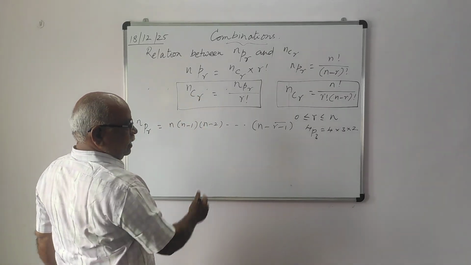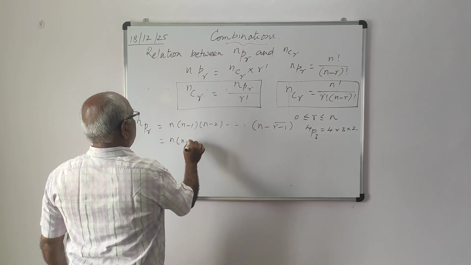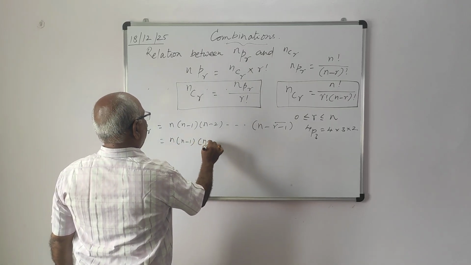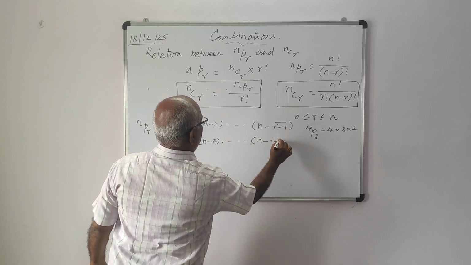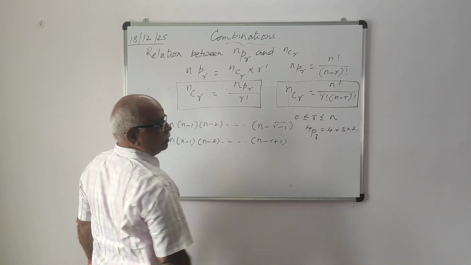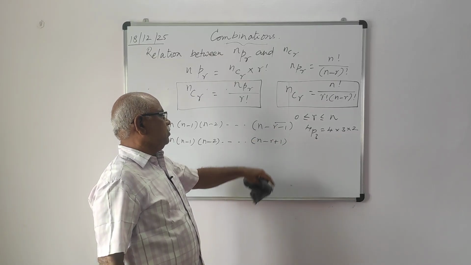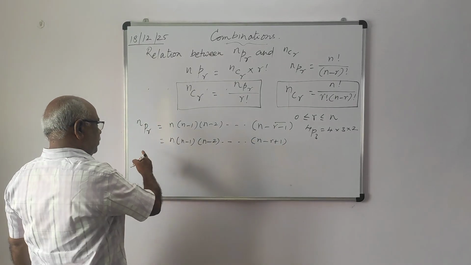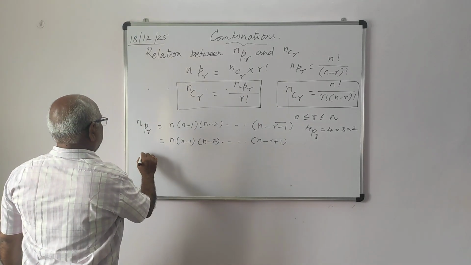If it is nPr, it can be expressed as n into n minus 1 into n minus 2 into, etc., n minus r plus 1. If you divide by r factorial, this becomes nCr.